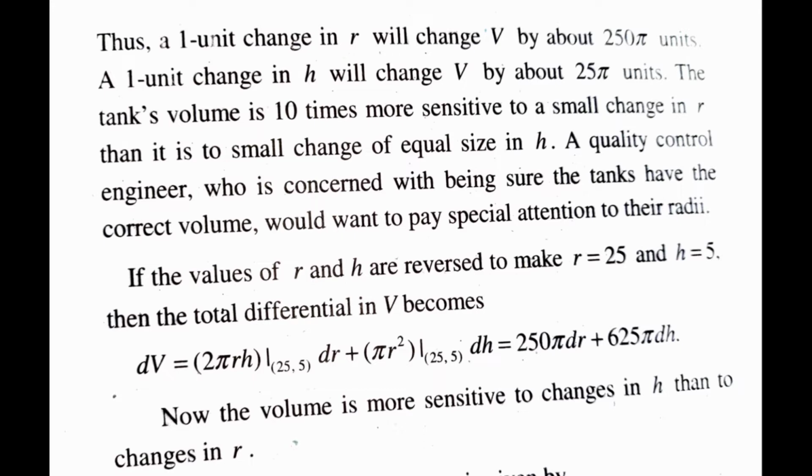If the values of R and H are reversed to make R equal to 25 and H equal to 5, then the total differential in V becomes dV equal to 2 pi RH (25, 5) dr plus pi r square (25, 5) dh, that is equal to 250 pi dr plus 625 pi dh. Now the volume is more sensitive to changes in H than to changes in R.